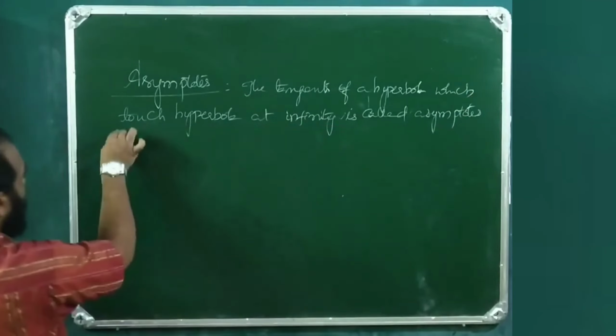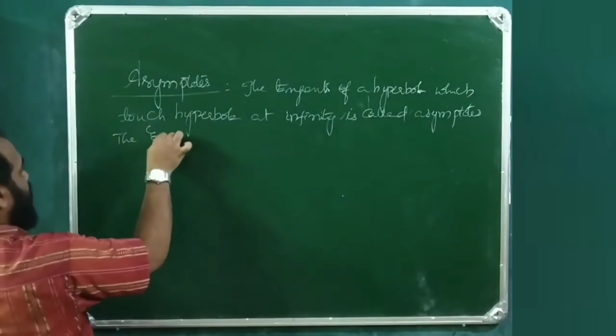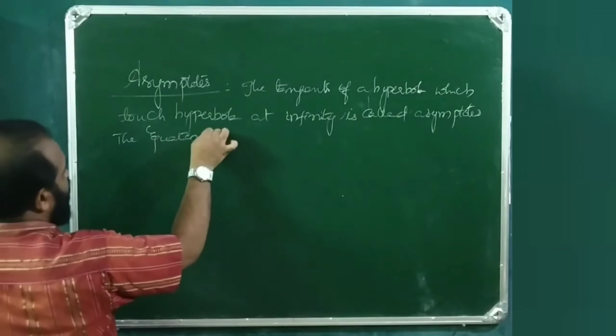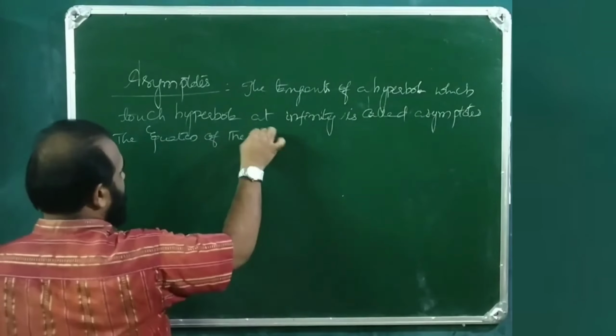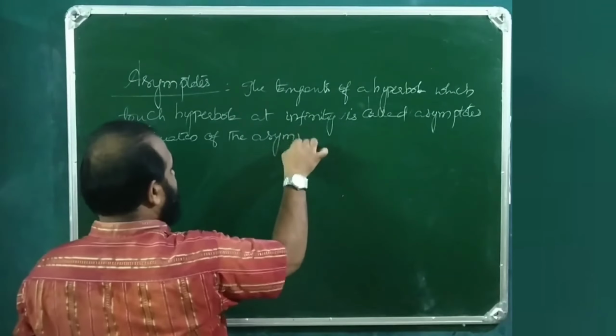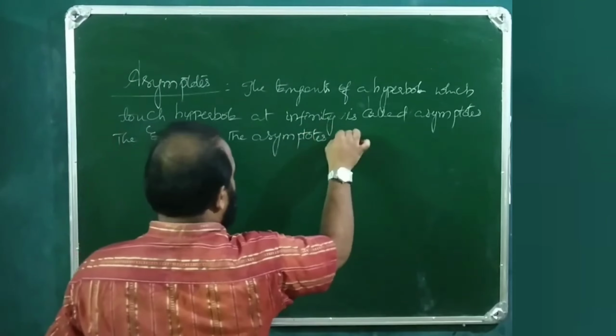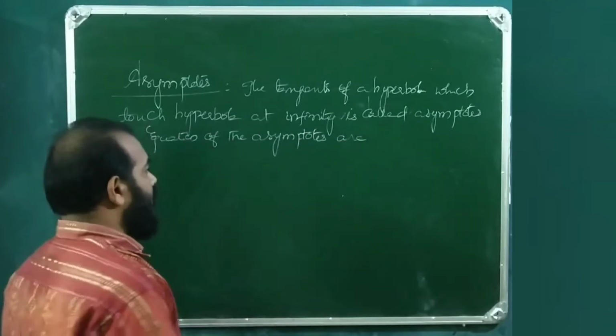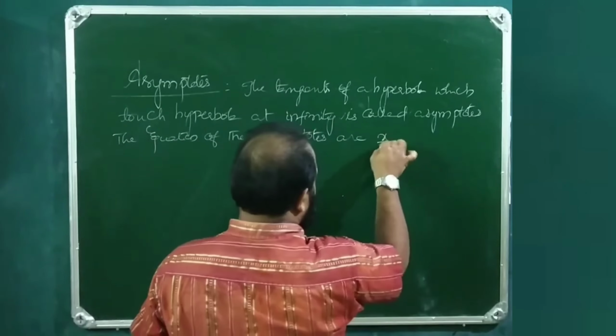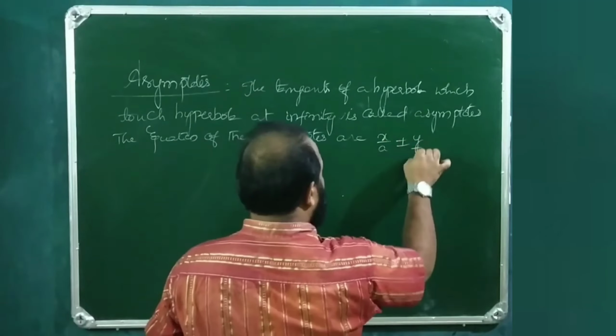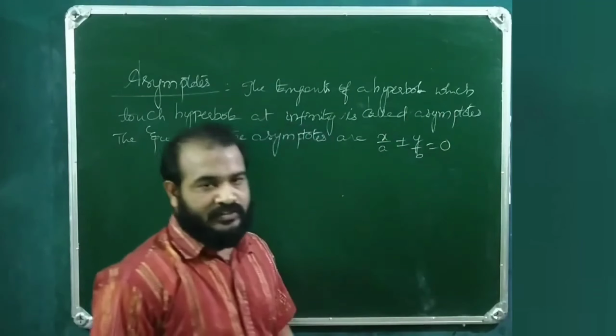So the equations of the asymptotes are x by a plus or minus y by b equals 0.